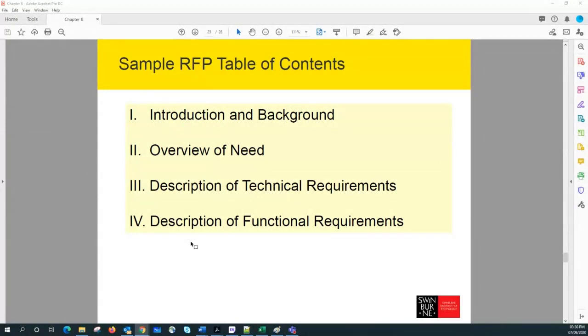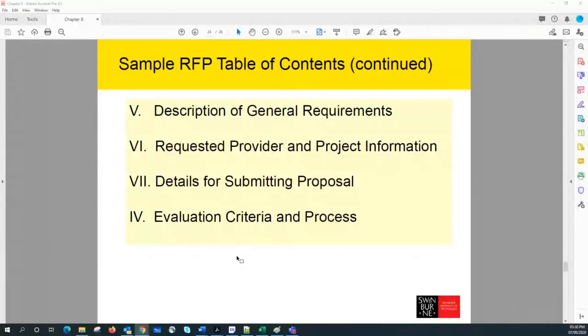Remember that we have developed a system vision document; this is basically an expanded version of it. Then we need to describe the functional requirements, technical requirements, and other general requirements we need in the proposed system.